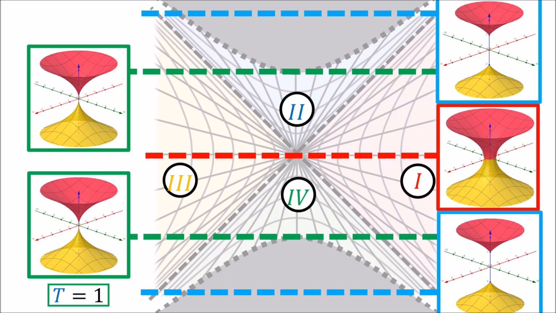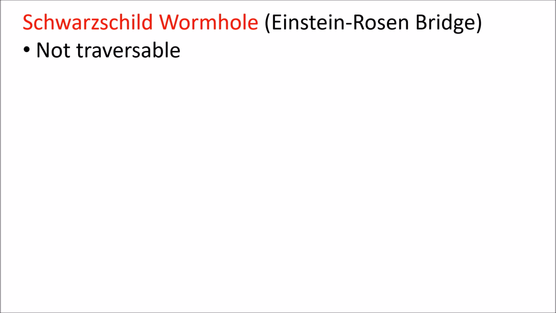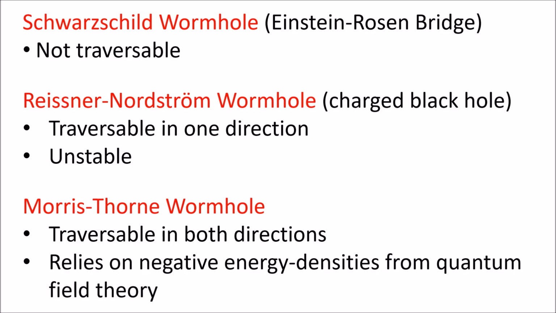So the wormhole geometry only appears for a short amount of time before it collapses, and this period of time is too short for anything to traverse it. That said, Schwarzschild wormholes are not the only type of wormhole, and other wormhole types may end up being traversable.